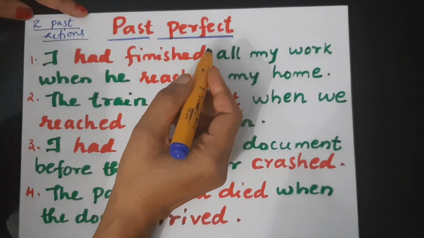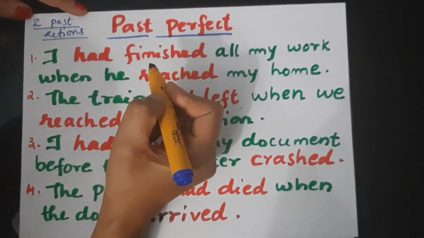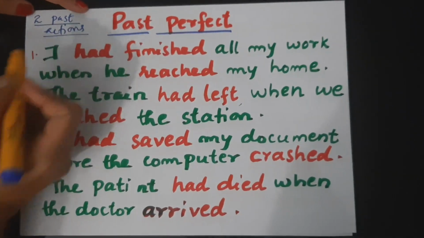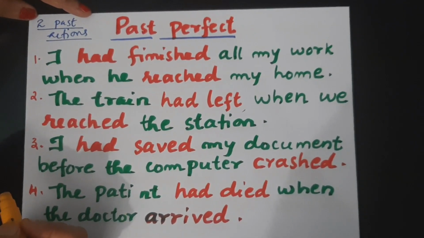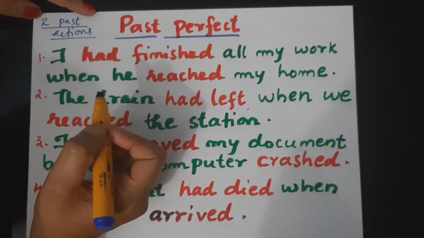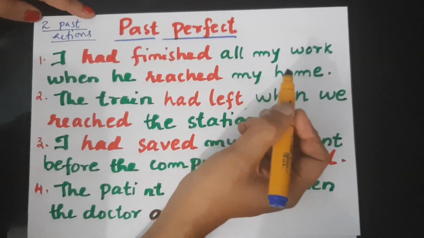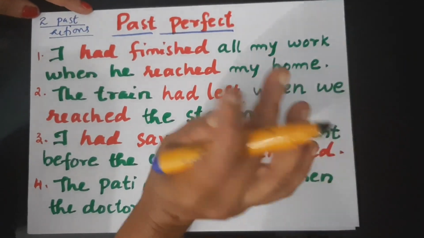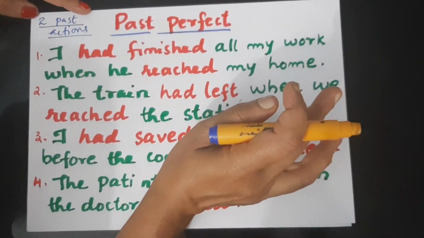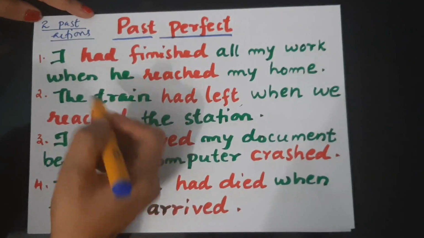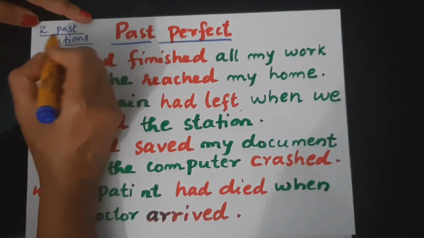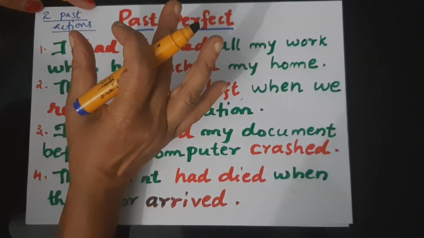The past perfect tense can also be used to refer to two past actions. That is, one event happened before another one in the past. Means two actions took place in the past.